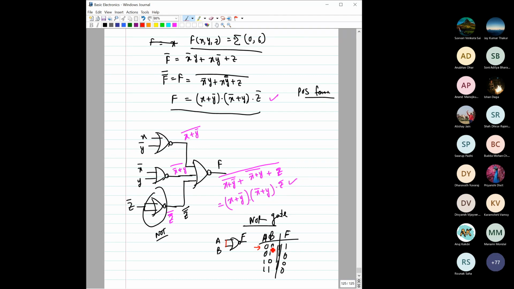When A and B are equal and 0, the output is 1. When A and B are equal and the inputs are 1, the output is 0. So basically if you have a NOR gate and you connect the inputs together, that will give you the NOT operation. Is this clear?